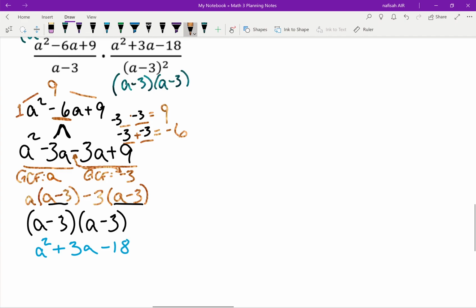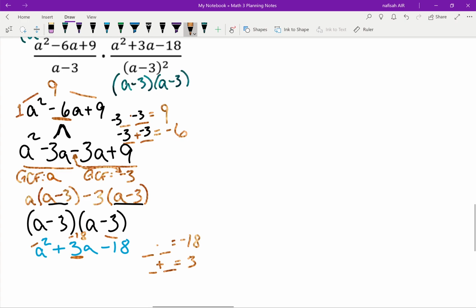I'm going to go off to the side. I'm going to multiply 1 times negative 18 and get negative 18. So I'm going to say what two numbers multiply to get me negative 18, but then when I add them, I get 3. That's the term in the middle. Those numbers are, it's a negative 18, so that means one's going to be positive, one's going to be negative.